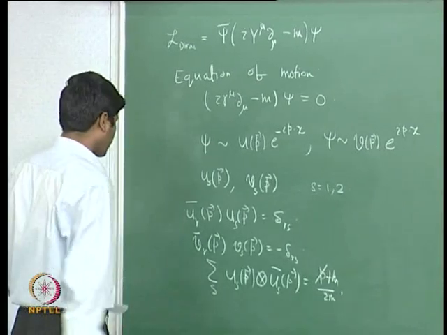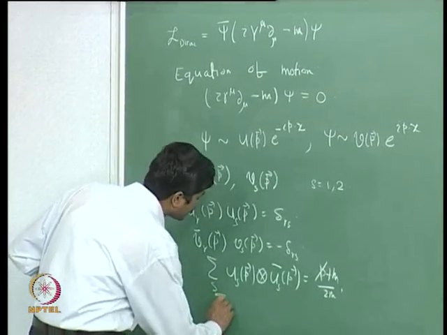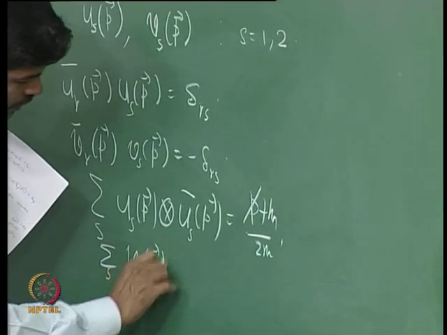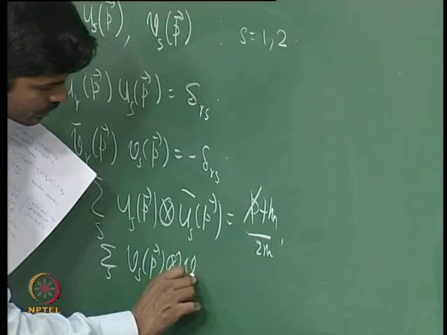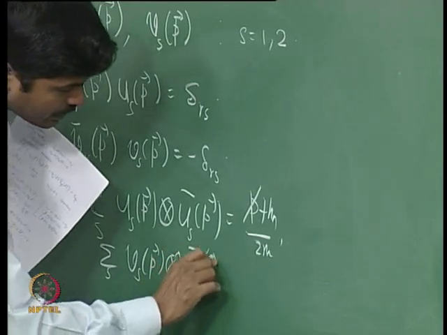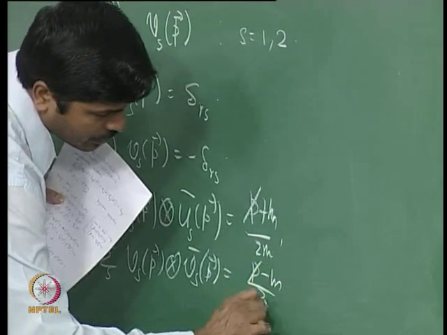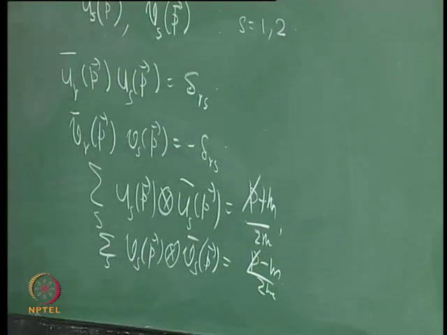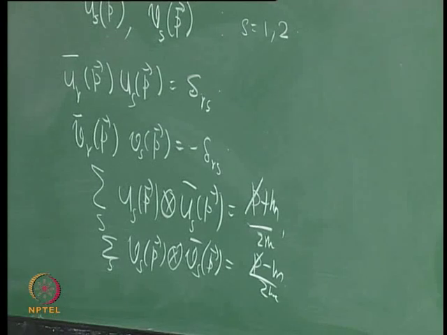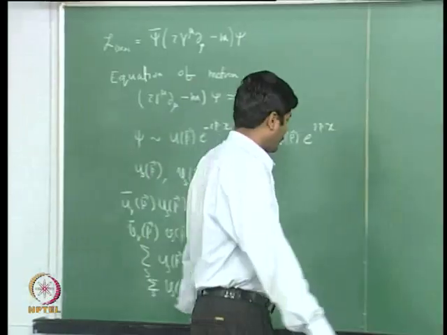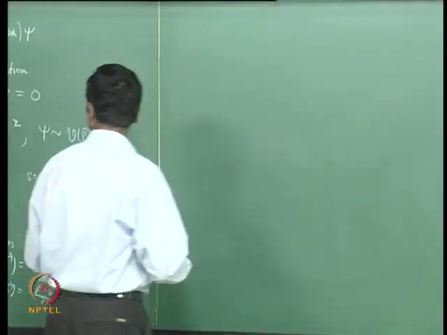An analogous statement for v is the sum over s of v_s(p) v̄_s(p) equals (p-slash minus m) over 2m, and a number of other identities in addition to all these things.